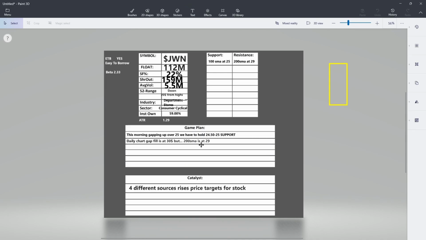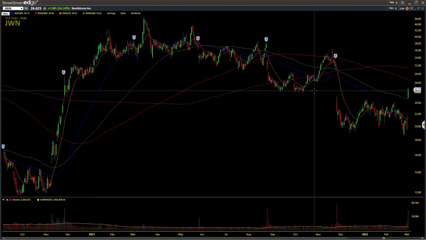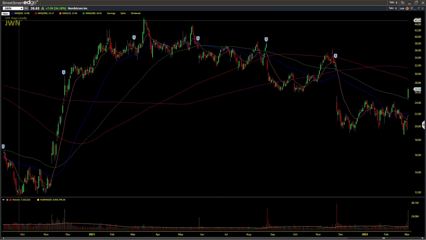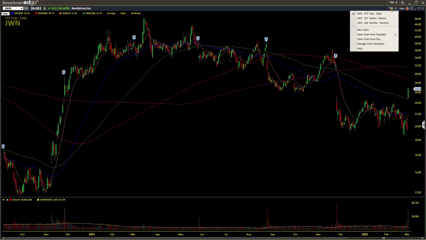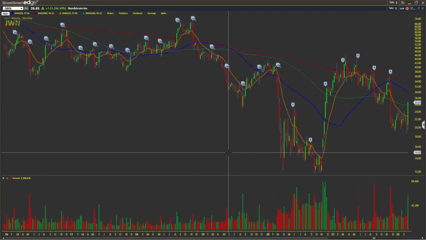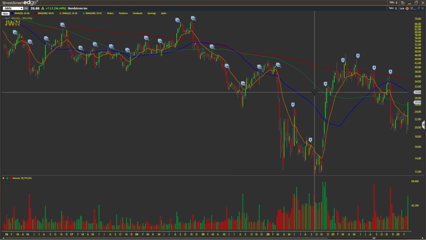So this is where I'm getting my potential targets of how much we can run up to. $29, $30 a share. Now we can move real quickly, and what I would do too, now that I'm looking at the daily chart and I have it separate from everything else, I can easily switch, and I just want to take a glance real quick. I would want to pull up and look at the weekly real quick, see where we're at. I see that we got the 50-day right there at $30.